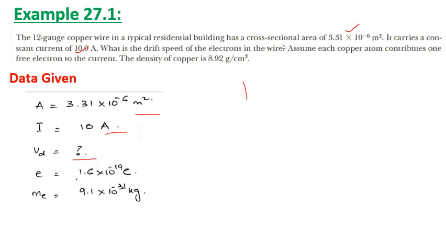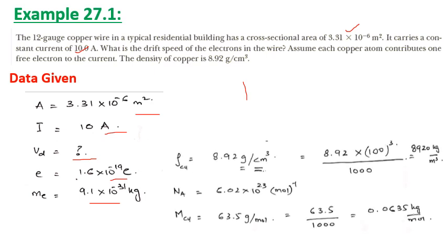We know that charge on an electron is 1.6 into 10 to the power minus 19, though it's not given in the question, but we know these are the constant values. And mass of electron is 9.1 into 10 to the power minus 31 kilograms. So we are to find drift velocity.